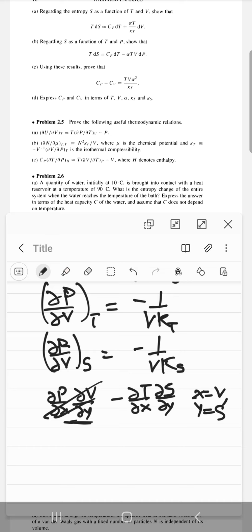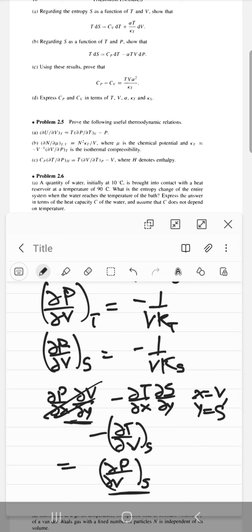Amazing. Now what about this term? This will be minus partial T by partial V at constant entropy. From there you have partial P by partial Y, partial U by partial X. Well, that's just 1, so that's just partial U by partial V at constant entropy.